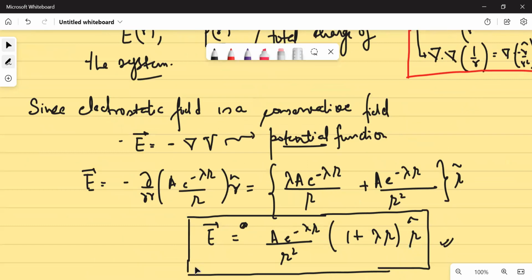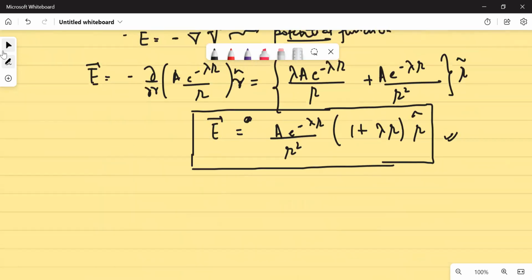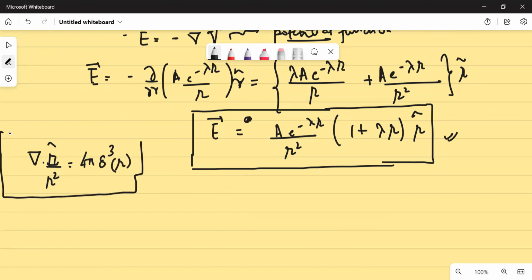Yes. Okay. And I'm quite aware that my del dot R cap upon R square is given by 4 pi Dirac delta cube. This is something that I know. I'm not very expert in handling Laplacians, but I'm expert in handling this.